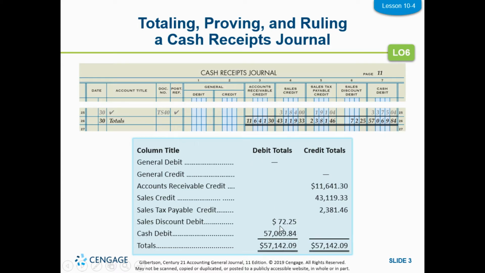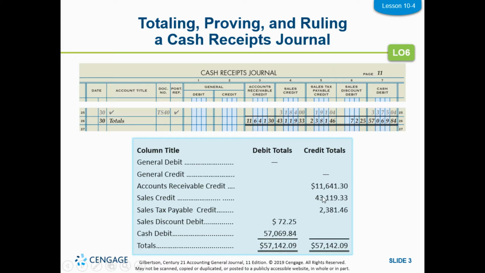All right? So all we do here is we verify the equality of debits and credits by lining up all of our debits, in this case, sales discount debit. Remember, sales discount is a contra or opposite account to sales. Sales is a revenue increase side credit. Sales discount, where we allow customers to take a discount by paying us early or whatever, is a debit, contra to sales. And then we have our cash debit. And over here on the right side, in our credit column, accounts receivable credit, somebody paid us on account.